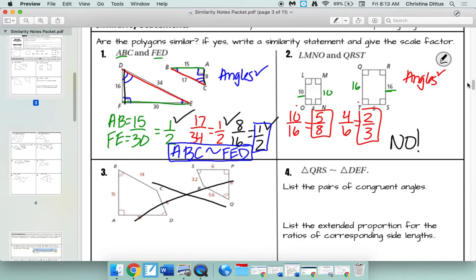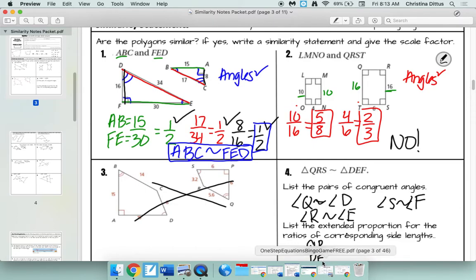Okay. Angles. What matches angle Q? What matches angle R? What matches angle S? Got my angle sign. The extended proportions, just your sides. So if I have QR, what matches QR? DE.